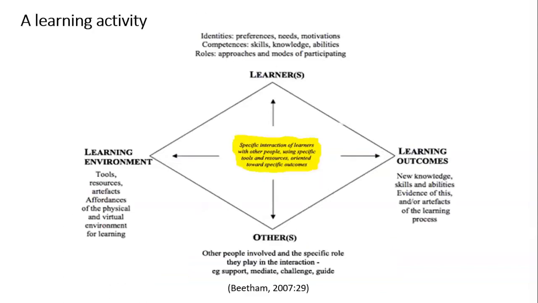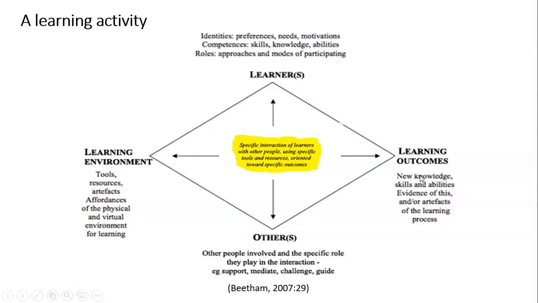So now thinking about our own activities. When designing your learning activity, you are thinking about your learners, how they are going to be interacting with other learners, and what particular resources they are going to be using as well, in order to reach that particular outcome.